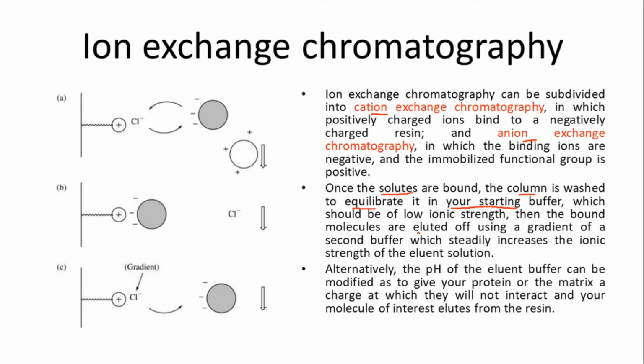The molecules are eluted out based on the gradient. The second buffer you are using has more ionic strength than the first buffer used. So you gradually increase the ionic strength of the buffer.